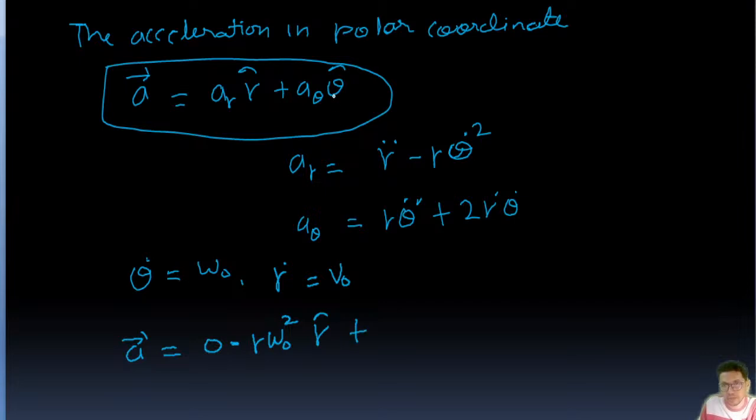Plus the value of A theta: r remains, and theta double dot is going to be 0 because omega naught is constant. So this is 0, plus 2 times r dot, which is v naught, and theta dot, which is omega naught.